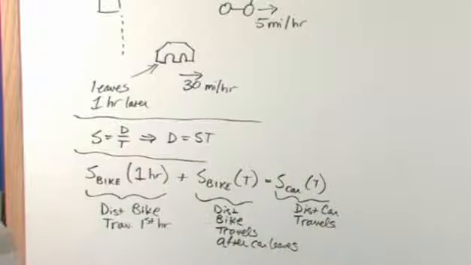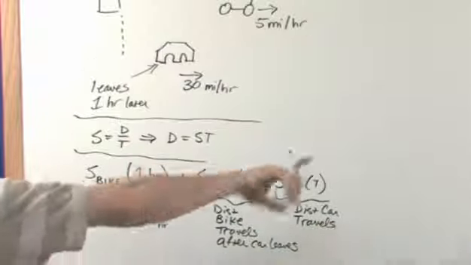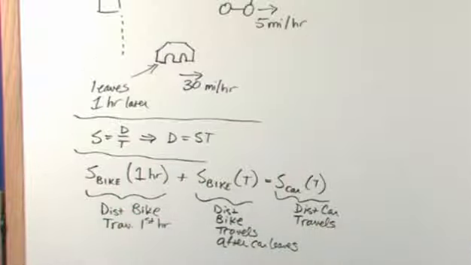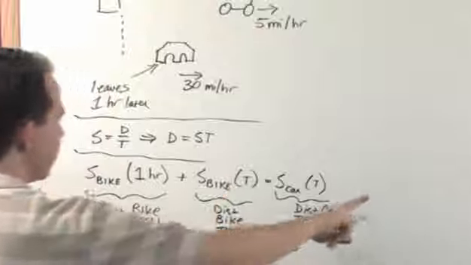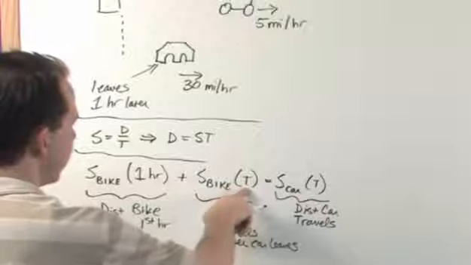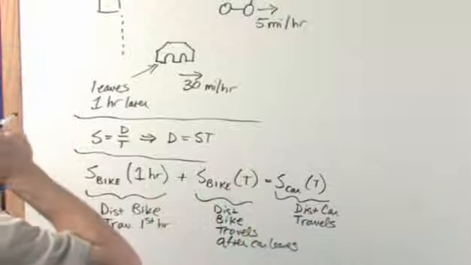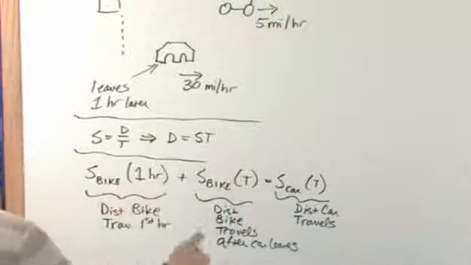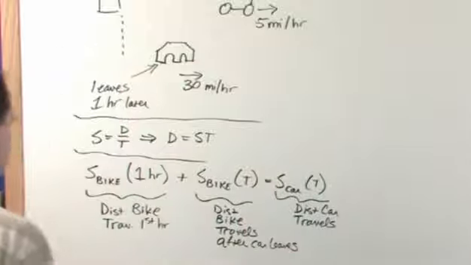So the bike gets a head start, goes down the road a certain distance in 1 hour. The bike continues gaining ground after the car leaves, and t is the length of time that the car is on the road. That's when the clock starts. And then the car goes down the road at a certain speed, and so it goes a certain distance.